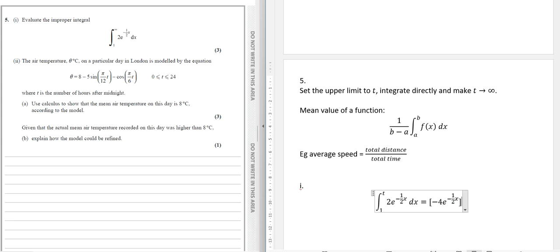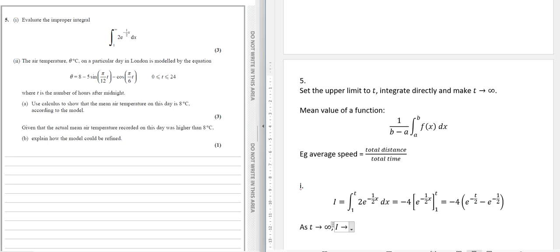And minus 4, in fact, can live outside those brackets. I need to evaluate those brackets between 1 and t. I'm going to get e to the power of minus t over 2, take away e to the power of minus a half. Then I can just say as t tends to infinity, the integral, which I'll call I, tends to, and it should be clear what's going on.